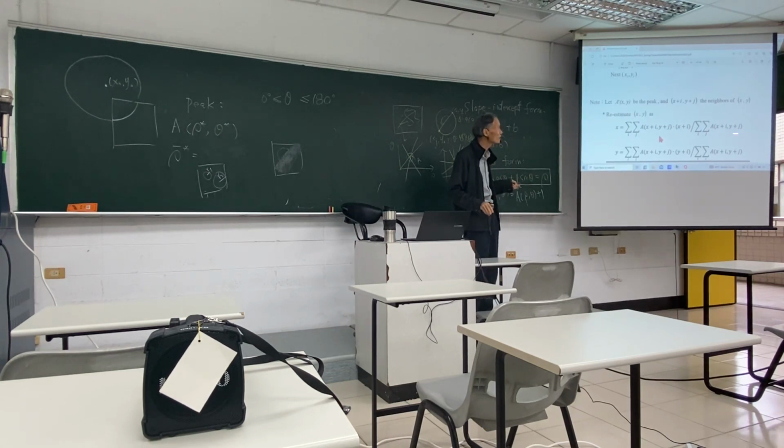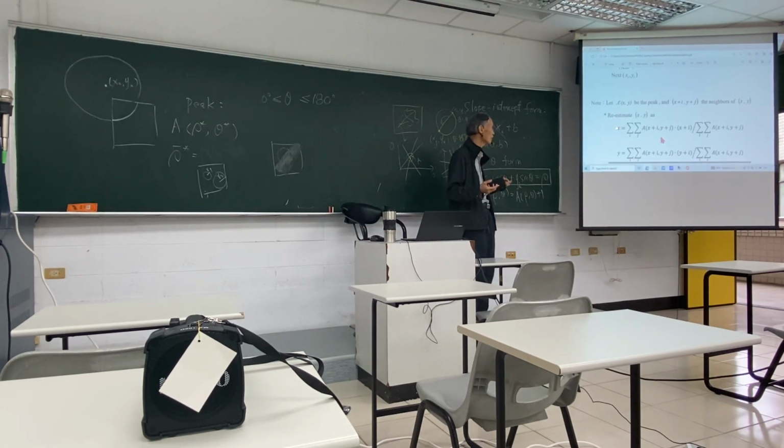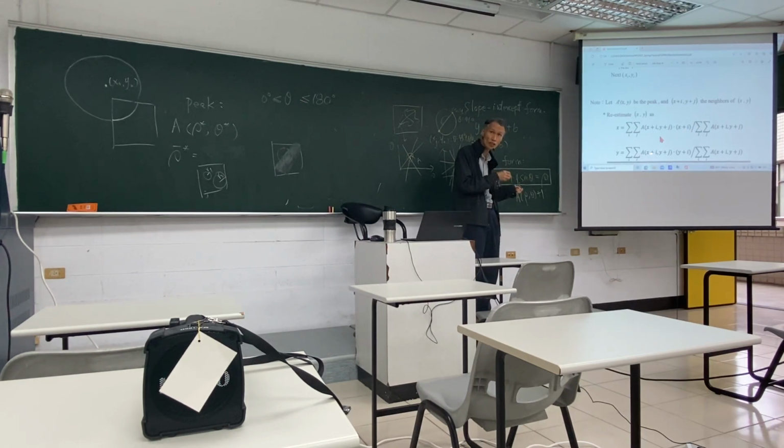And the denominator is just the summation of the accumulated values. Then we compute the weighted mean of x, which could be the slope, theta or rho, or this could be the center or the radius for the circle. That's if we don't want to apply the mean square error, we can fine-tune the parameter this way.